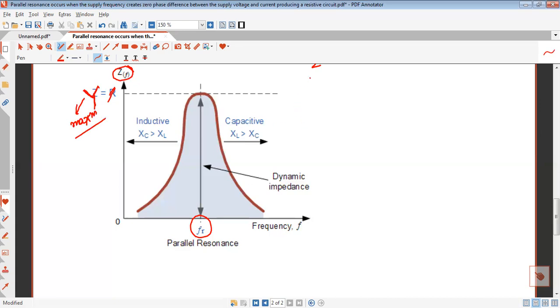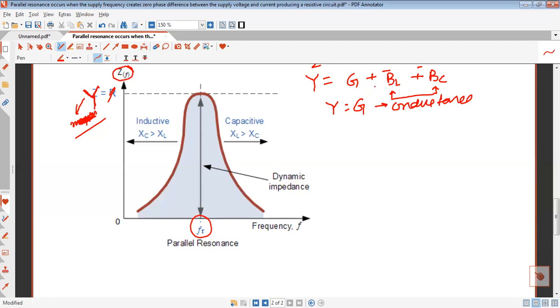Why? Because we have seen Y equal to G plus BL plus BC, the vector summation. During the resonance, these two terms go out, and Y will be equal to G, which is our conductance. So these two terms have been removed.